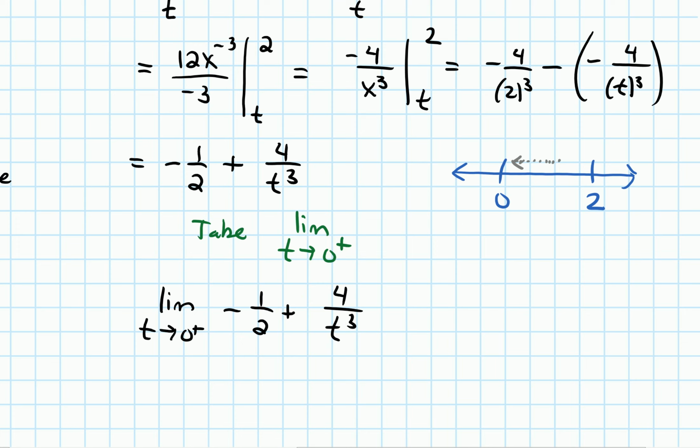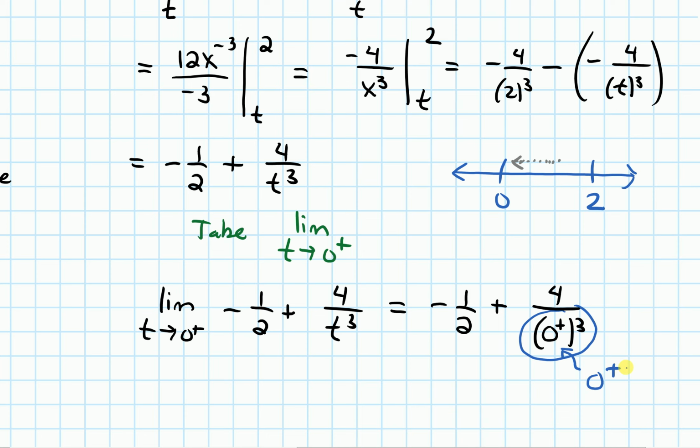With the limit, the first step is usually to try plugging in. That gives us -1/2 plus 4 over 0 with a little plus sign, cubed. But 0 with a little plus sign just means I'm really close to 0, but a little bigger than it. If I take a number that's really close to 0 but positive, and then I cube it, I end up with something still really close to 0 and still positive.